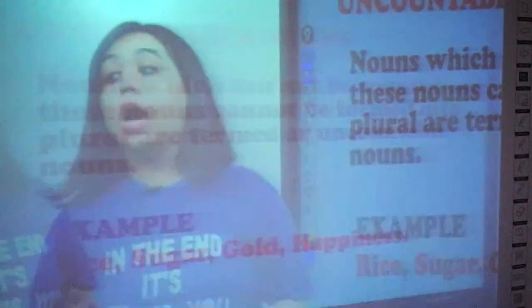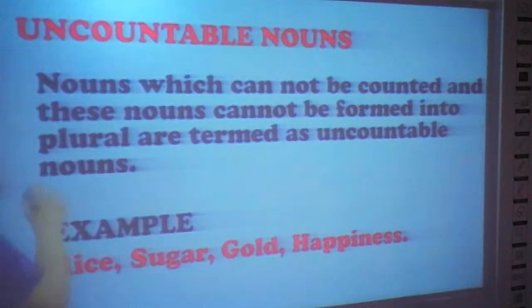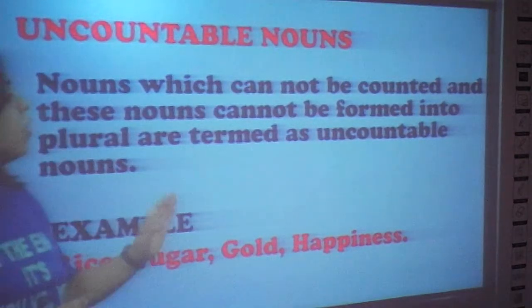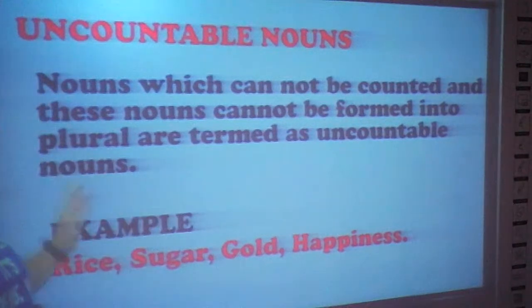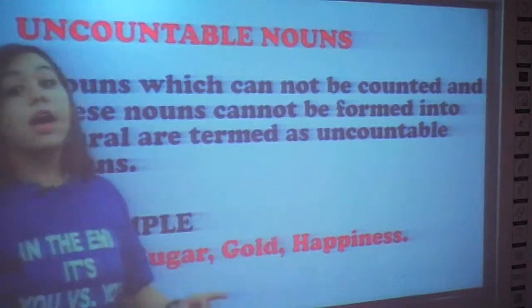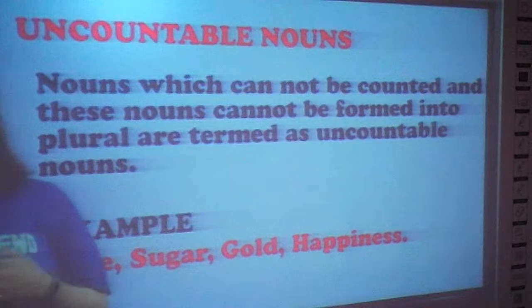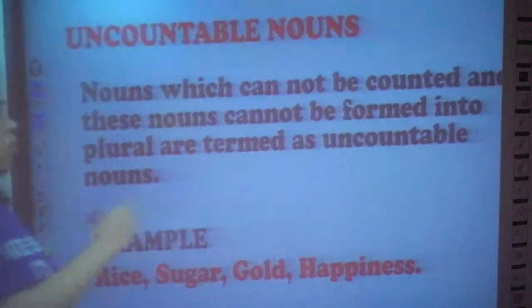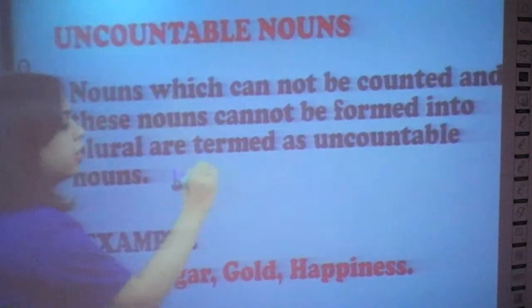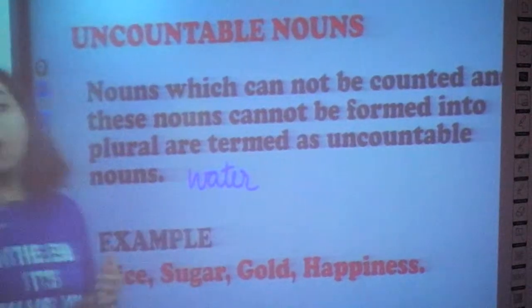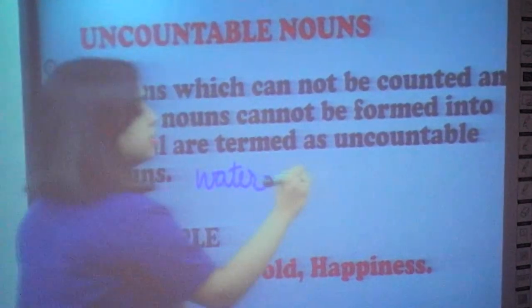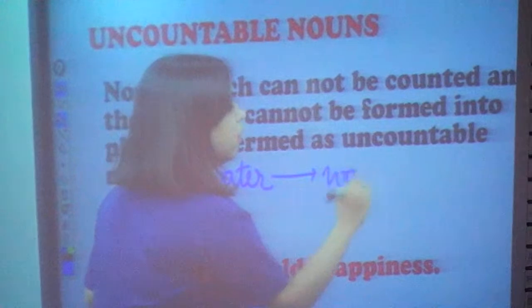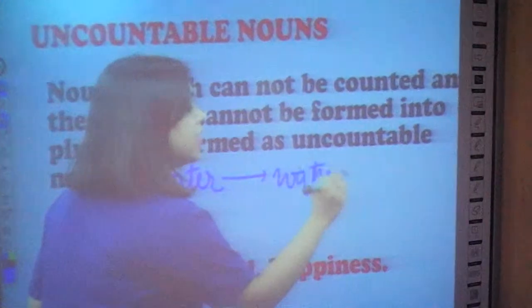Talking about uncountable nouns, it's very important. Listen to them carefully. The nouns which cannot be counted, and which cannot be formed into plural, are termed as uncountable nouns. Just think of it. If I cannot count water, can I make it waters as a noun?